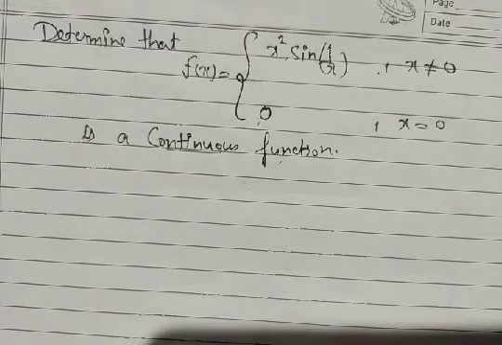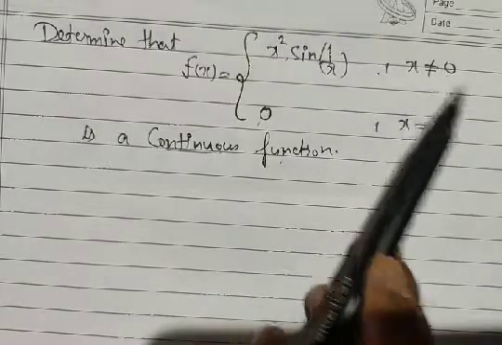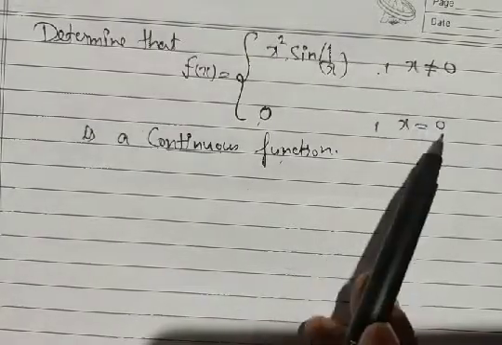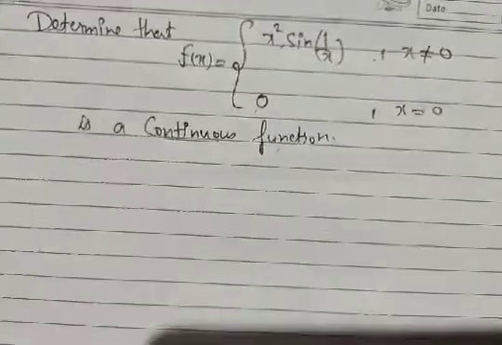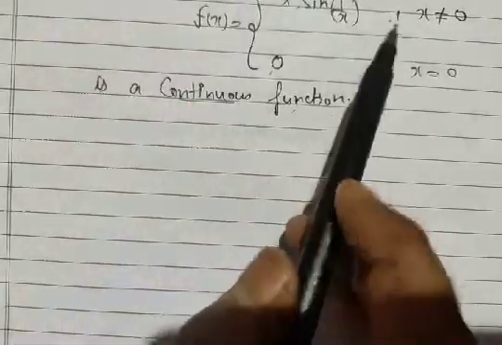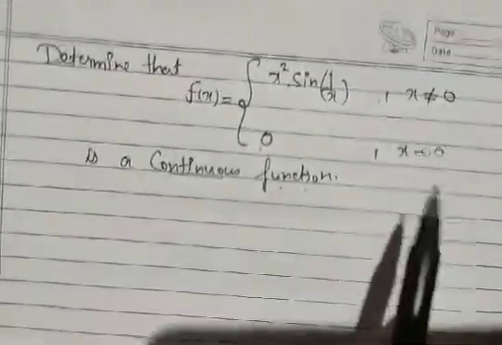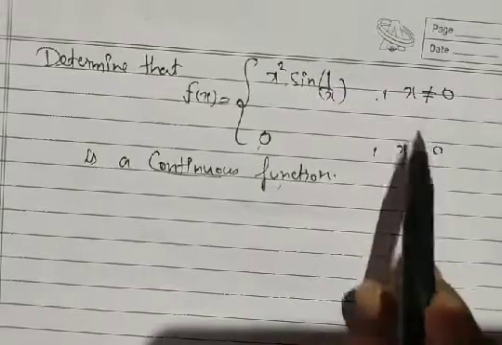Now again to show it is continuous, it is redefined at x equal to 0, so we are going to find out its continuity at x equal to 0. We are going to find our left hand limit and right hand limit at x equal to 0, because the function is redefined at the point 0.